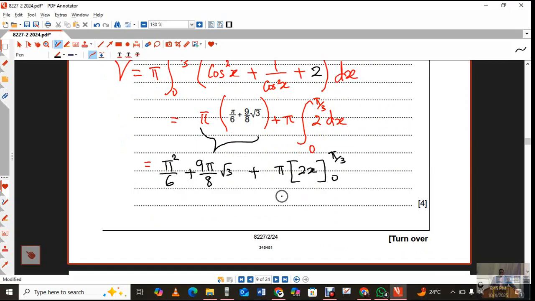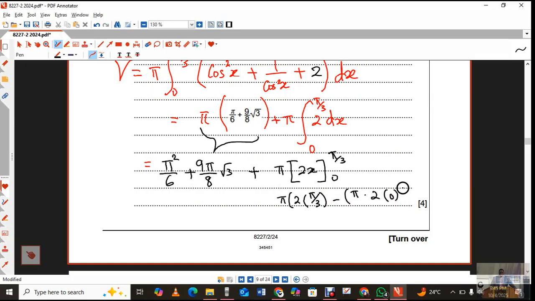So if you do this, you're going to have pi, and then you have 2x. Now x is the upper limit, which is pi over 3 minus pi times 2 times 0.